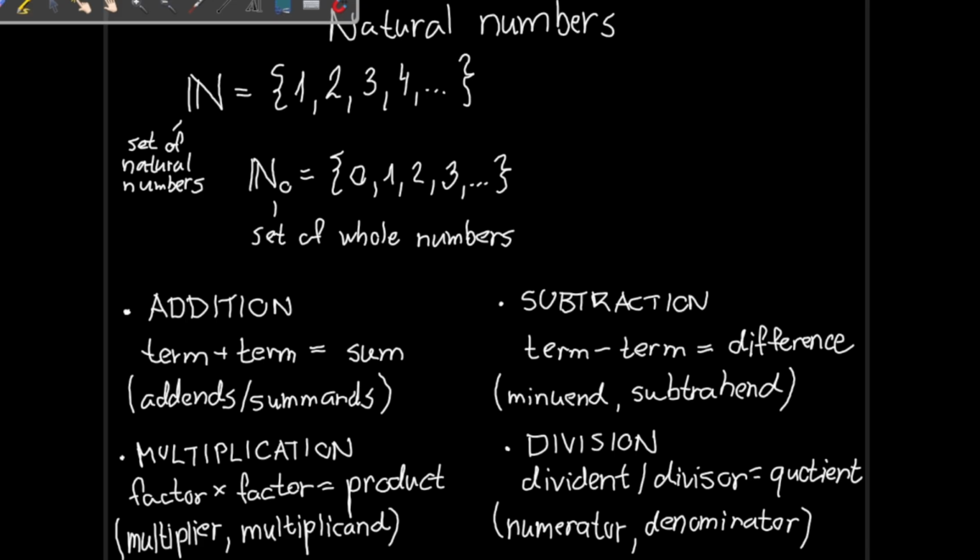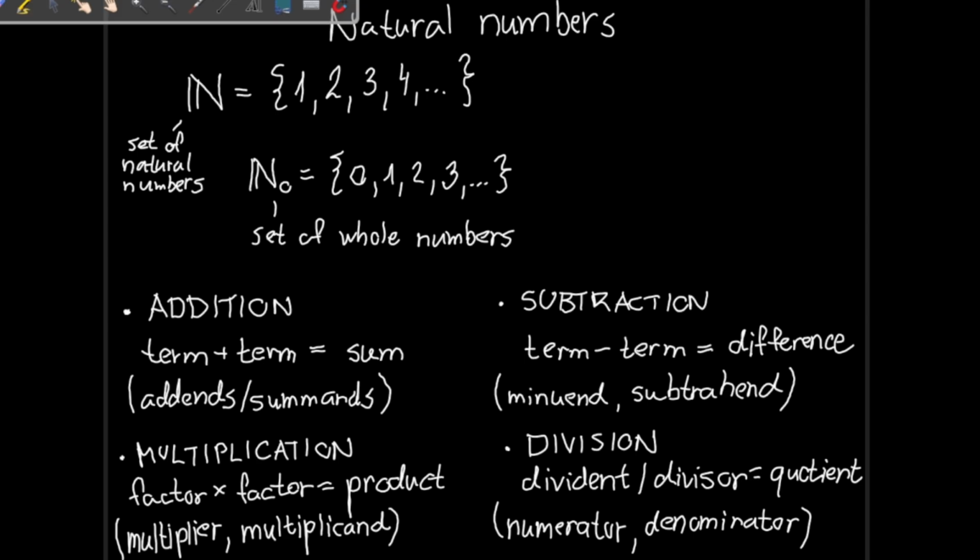So that's pretty much all the theory you need here. While working with natural numbers, there are some rules. Obviously, the first term in the subtraction must be bigger than the second term if we are working with natural numbers. Otherwise, the difference would be negative, which is not a natural number, as we can see up here.